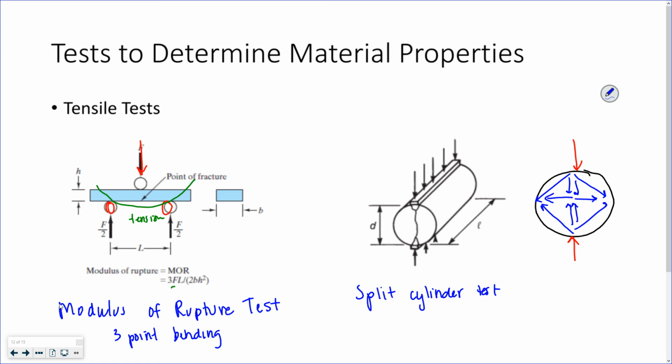So you have compression acting vertically, but tension acting horizontally. This is the tension. It's going to cause a crack through the center.